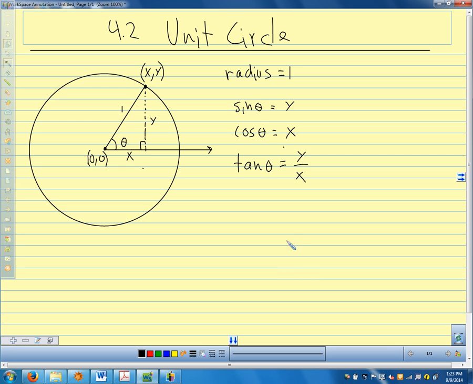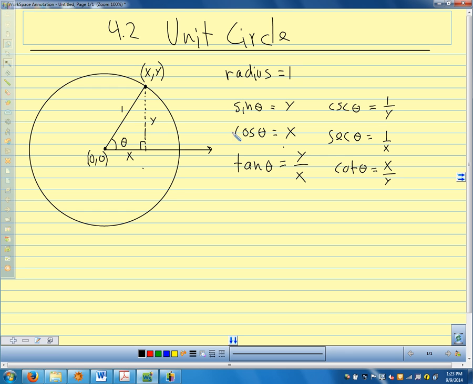And then we have our cofunctions. The cofunction of sine is cosecant, the reciprocal. And this is also on your note sheet. We're just setting up what we're going to do with our note sheet.